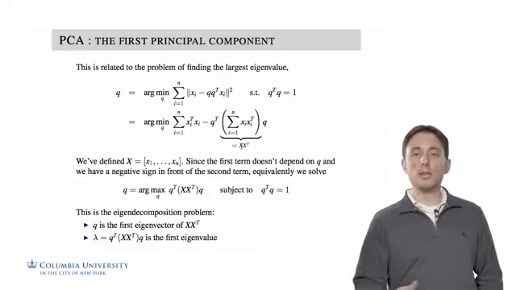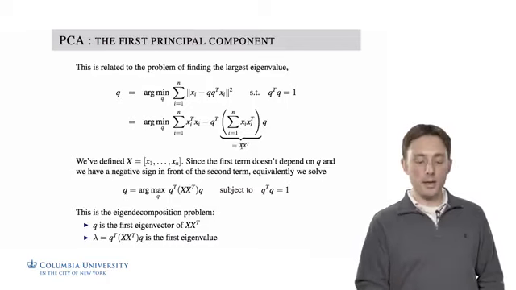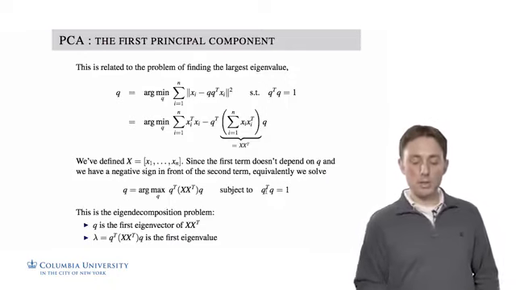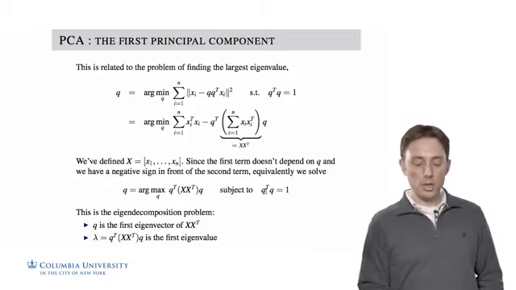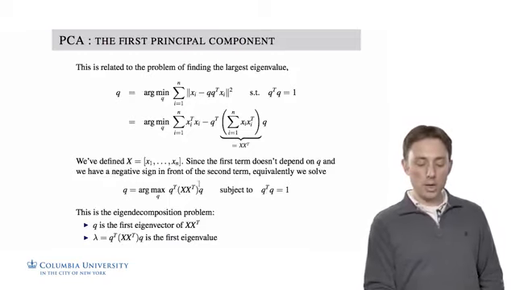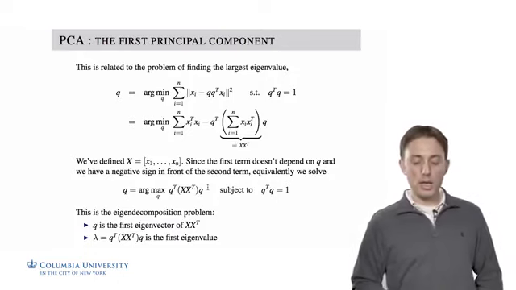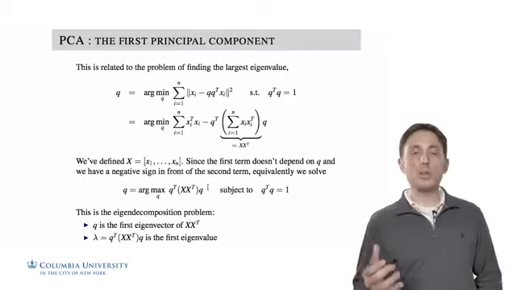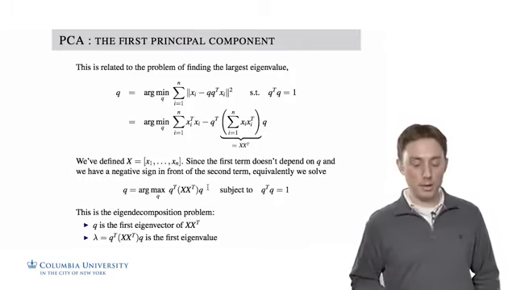A mathematically identical way to represent this problem is finding the vector q that maximizes this quadratic term subject to the magnitude of q equaling 1. We want to take q transpose times the matrix that we get from this matrix product times q, and find the vector q that maximizes that product.